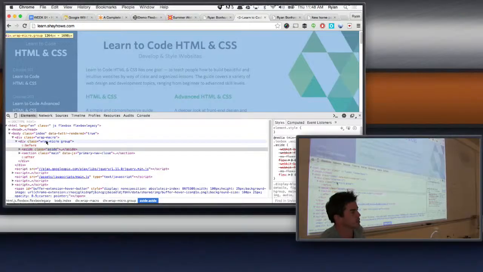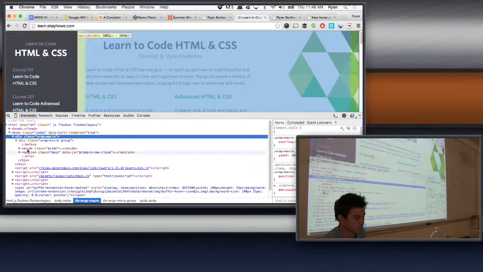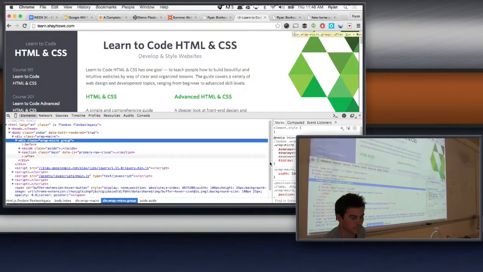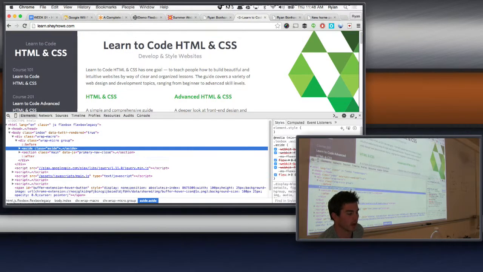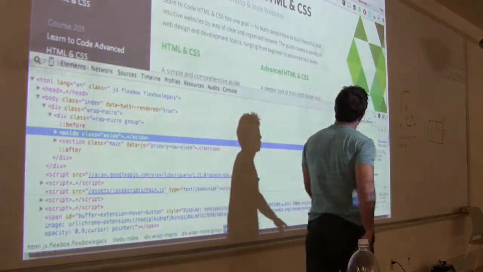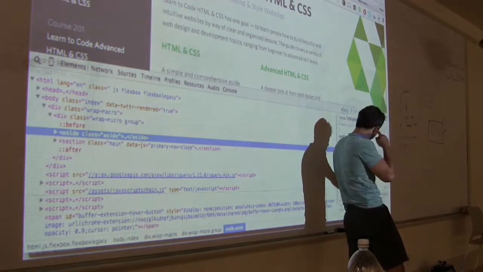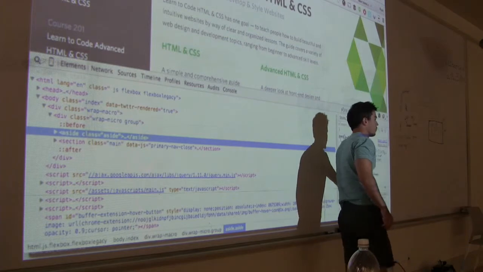He's using Flex in his site as well. So he has the whole site wrapped in display flex, right? And then his aside, he's doing flex zero grow, zero shrink, and that's the way he's setting his width.